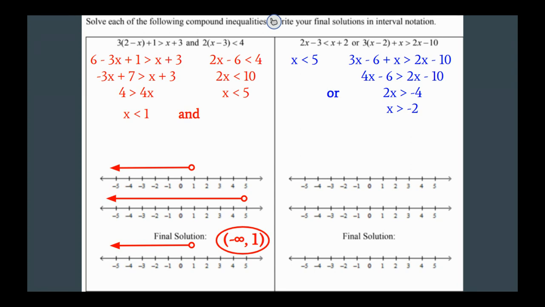Okay, hopefully this time you got that x is less than 5 or x is greater than negative 2. So what kind of numbers make that true? All numbers.